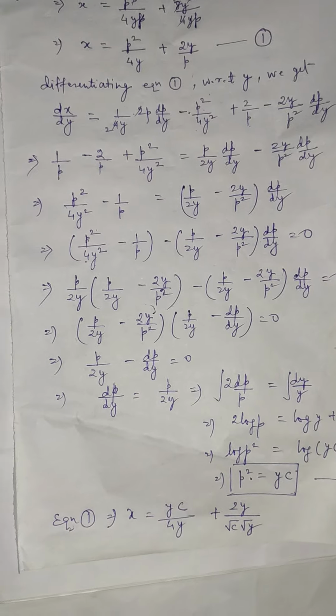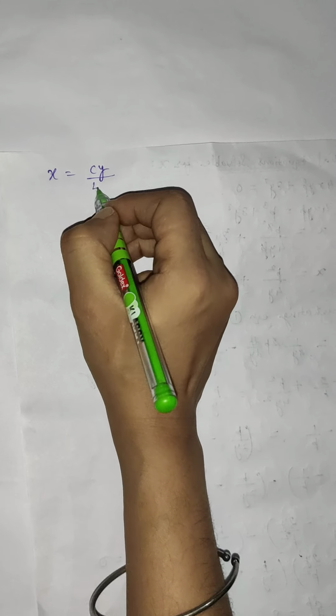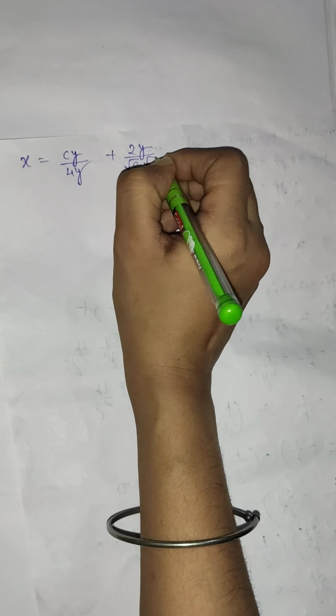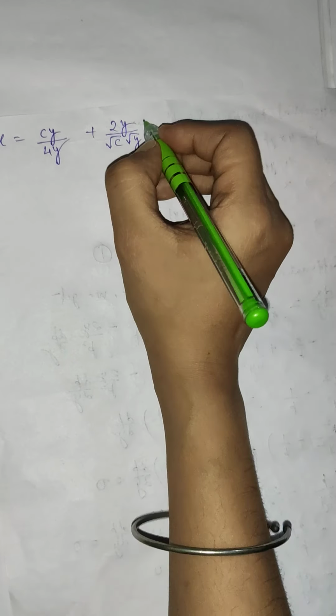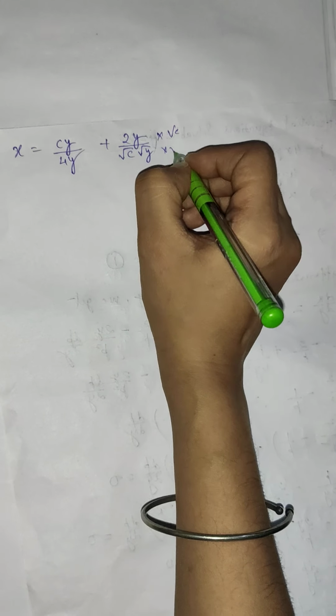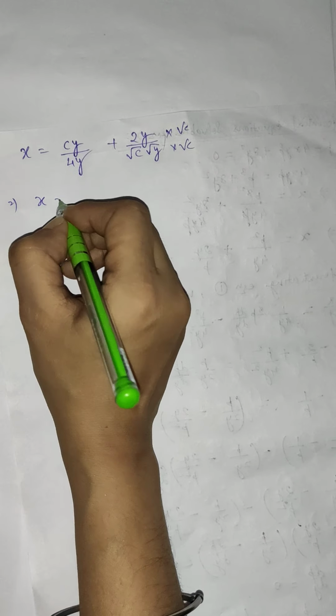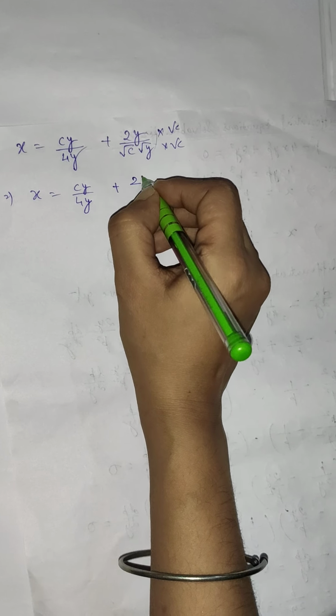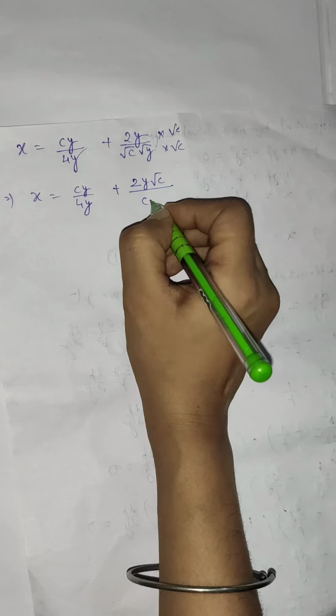So we will write it again. We have x is equal to cy by 4y plus 2y by root c root y. Here if we rationalize with root c, we will get x is equal to cy by 4y plus 2y root c by c root y.